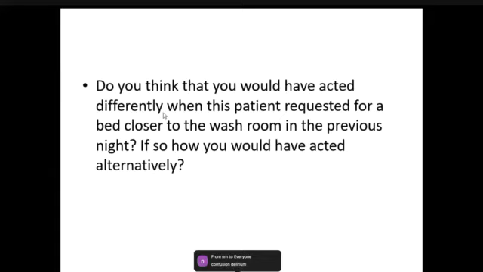Actually you can do much, right? So if you get a request like this, especially in a patient who has COVID, you have to see why, and you can prevent this type of thing if you take precautions and act quickly rather than waiting till the last moment.